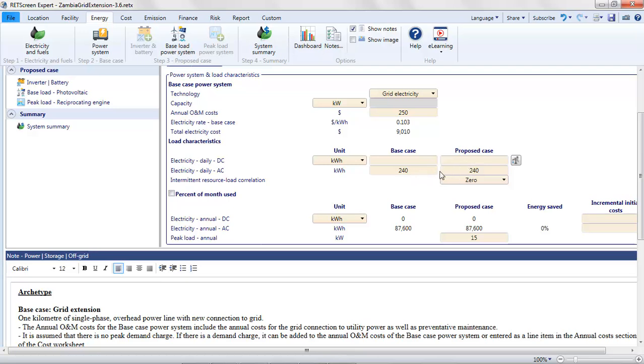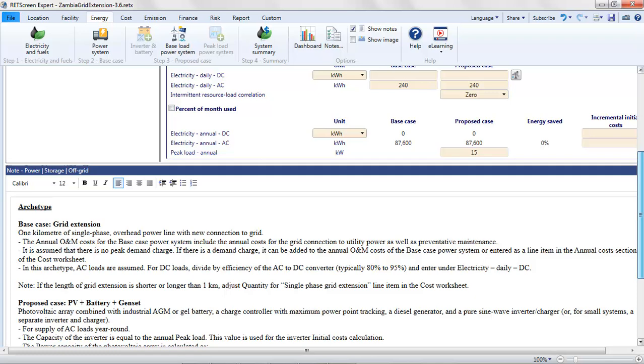So right away we'd have to adjust that. The peak load is also 15 kilowatts, not 150 kilowatts, so we need to adjust that. Looking down the notes, we see that this is for 1 kilometer of single-phase overhead power line. Well, we need 35 kilometers, so we can adjust the quantity in the cost worksheet.